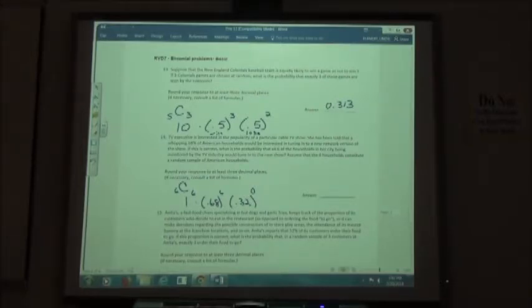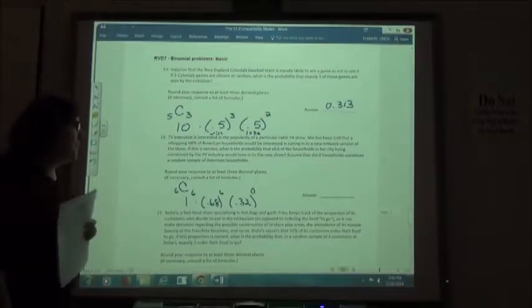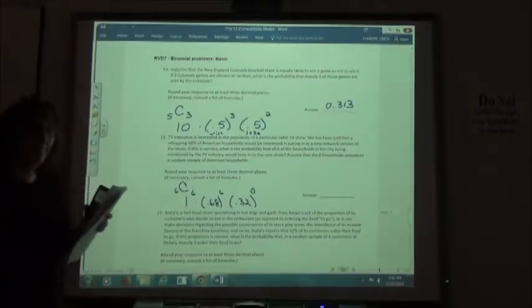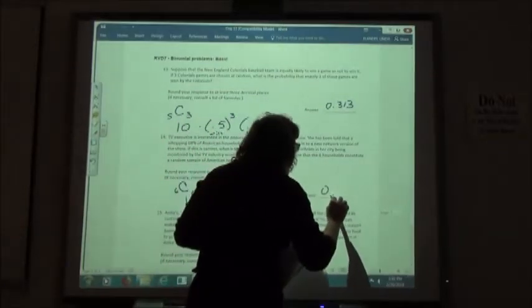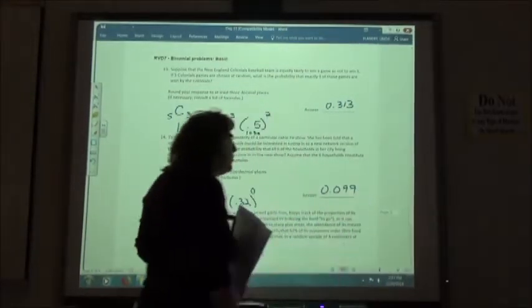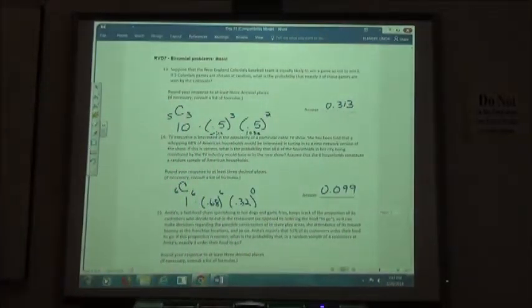So we're going to take 1 times 0.68 to the 6 times 0.32 to the 0. 0.099. Yep, that's what I got.